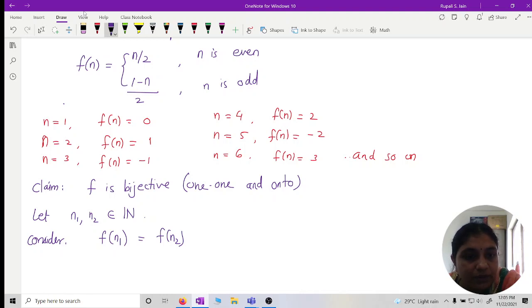Either n1 is even or it will be odd, right? If both are even, both are odd, you can do like that, or we can prove it like this also.